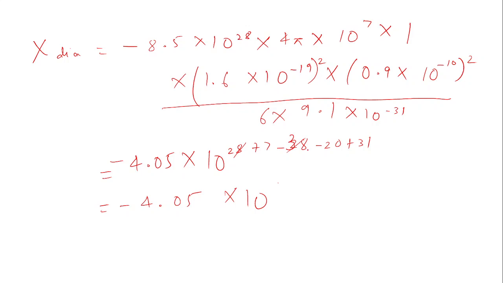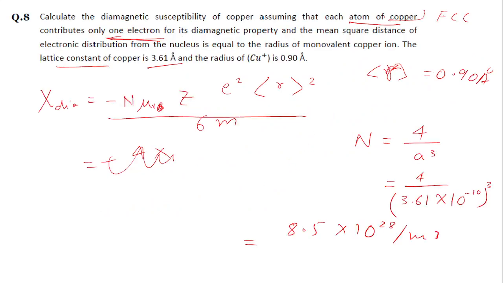Sorry, so what will be the total? Let's see, 28 plus 7 minus 38 minus 20 plus 31. This will be 10 to the power 8. Hope everything is correct. That's what I'm getting.